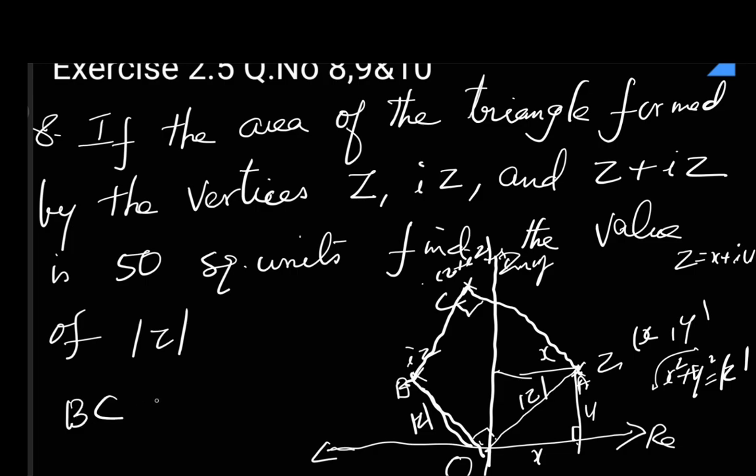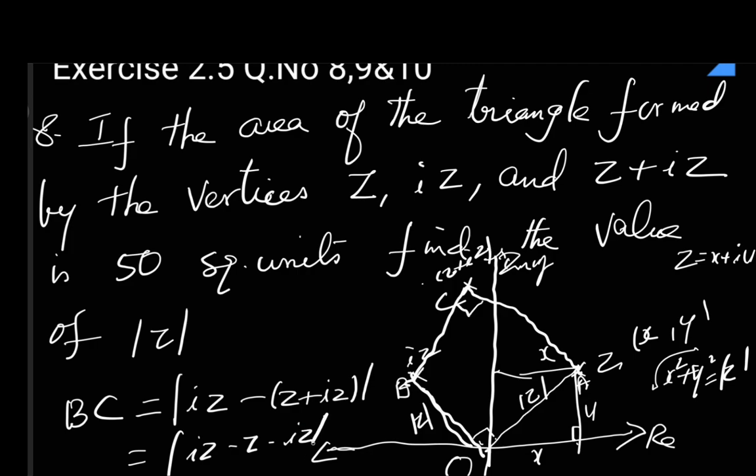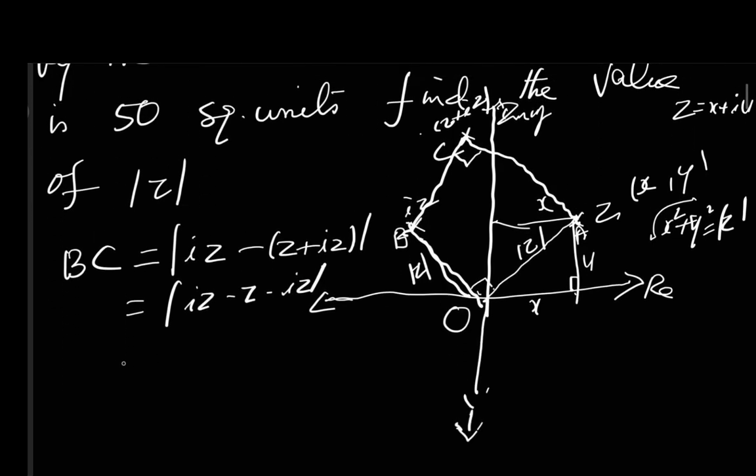BC is the distance between iz and z plus iz. So iz minus z minus iz. So iz cancels, modulus z. This is your BC.